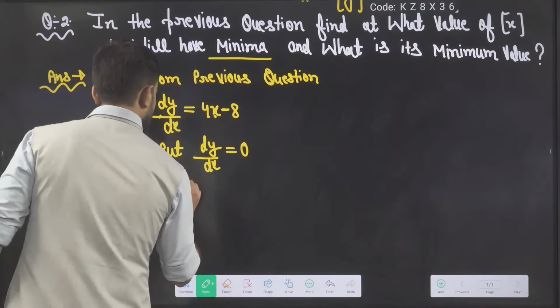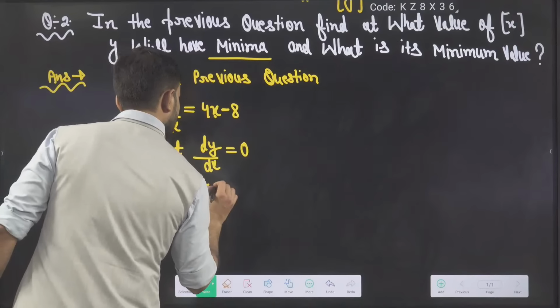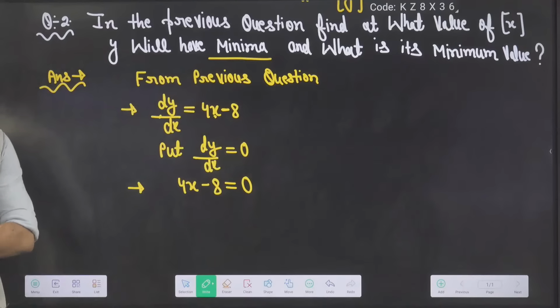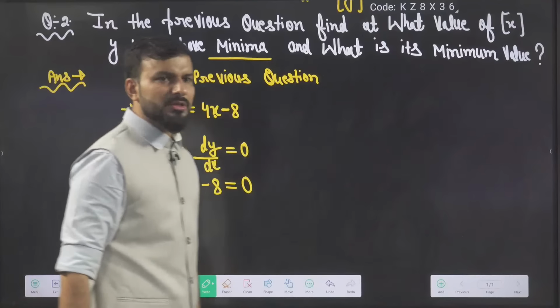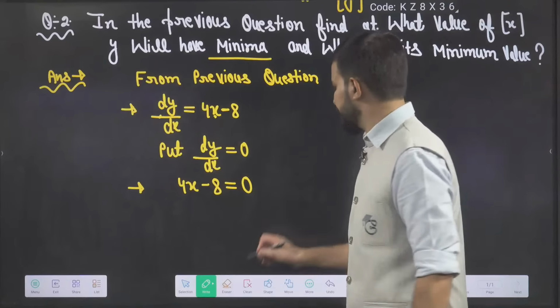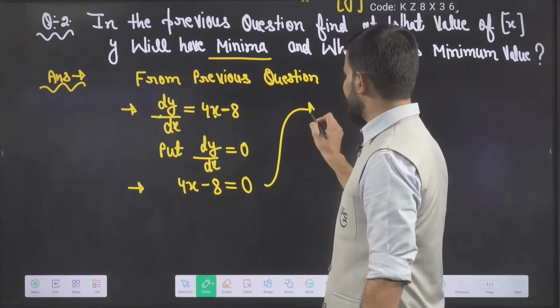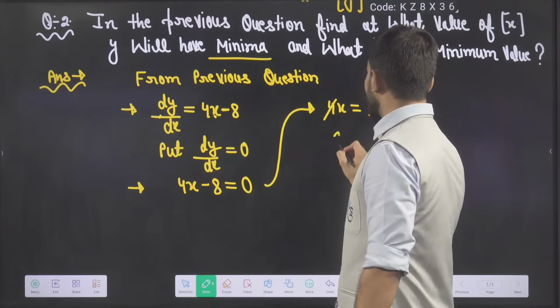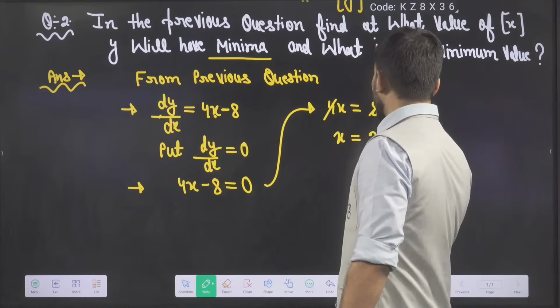What is the answer you'll get? 4x minus 8 equals 0. In the next step, 4x is equal to 8, so x will be 2. What is the value of x you are getting?